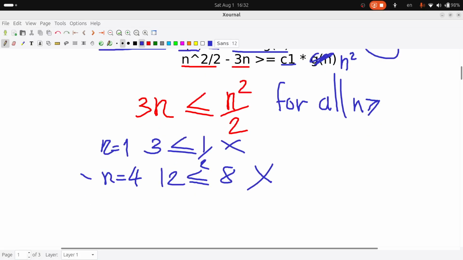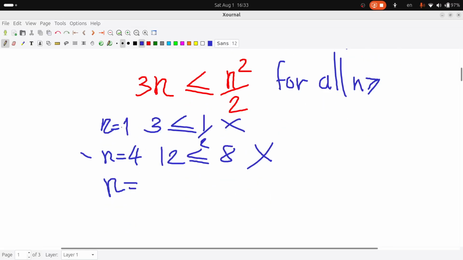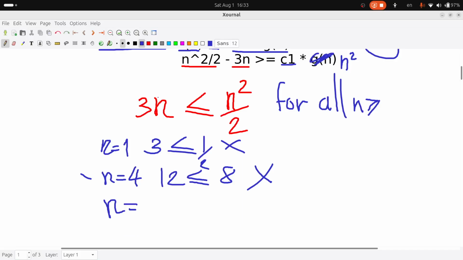So this is also false. We can try to find the starting point n because we know that n squared grows larger than n, right? It must have some starting point so that for all n after that starting point, this inequality will be true.